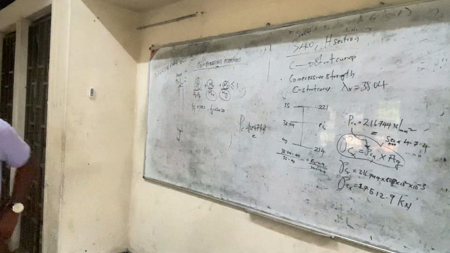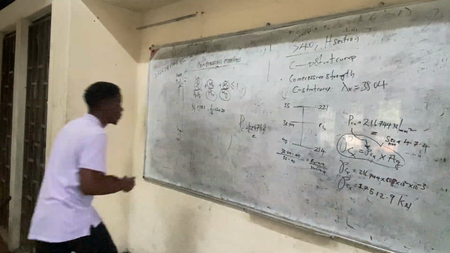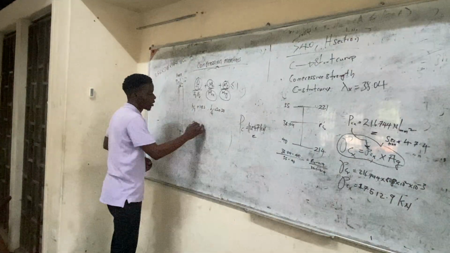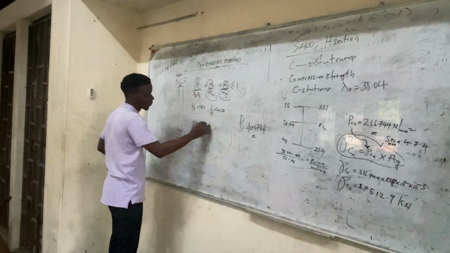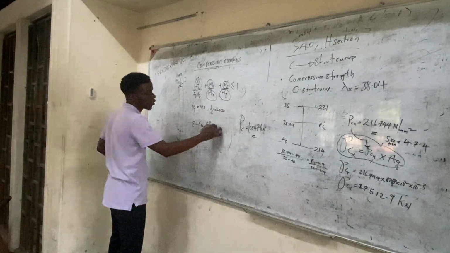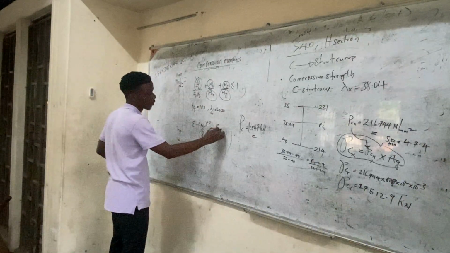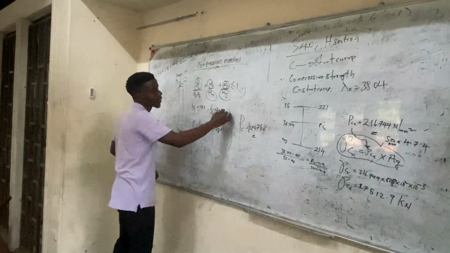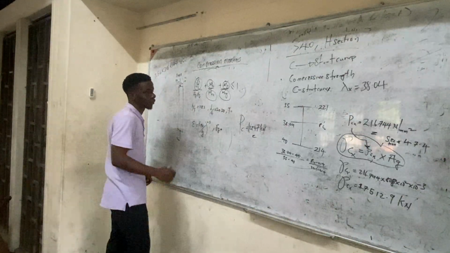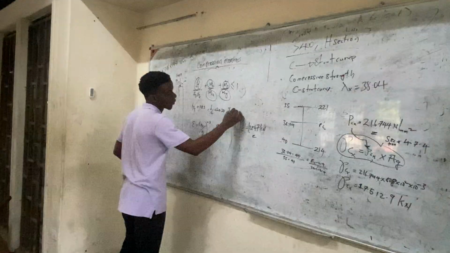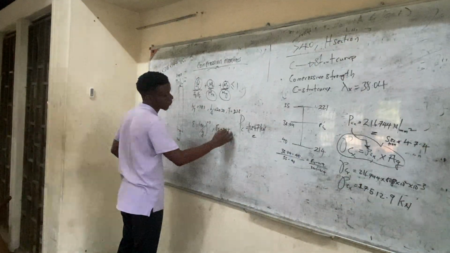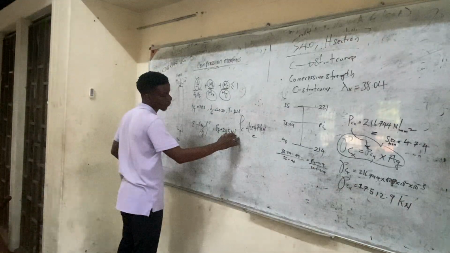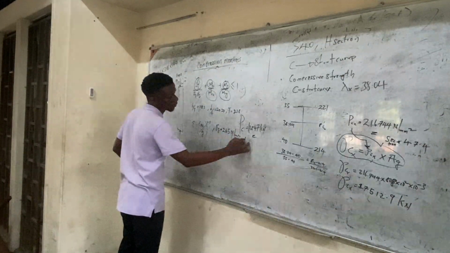What is epsilon here? 275 over Py. What is Py? First of all, what is our maximum thickness? 23.8 mm. So Py is 265 from Table 9.